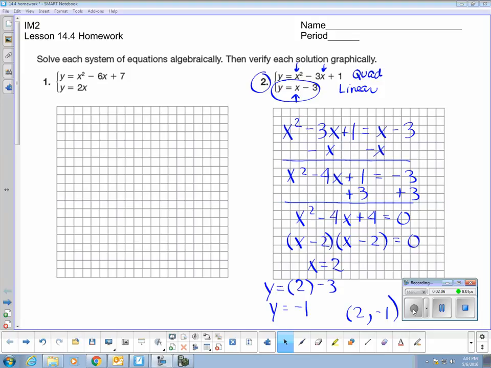To verify my graph and solution, I'm going to use Desmos.